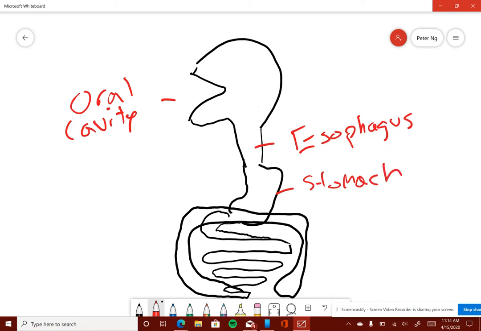This maze-like structure, we're going to call that the small intestine. I'm just going to shorthand that to SI. And then what I like to call the scarf of the small intestine, we're just going to call that the LI, large intestine.